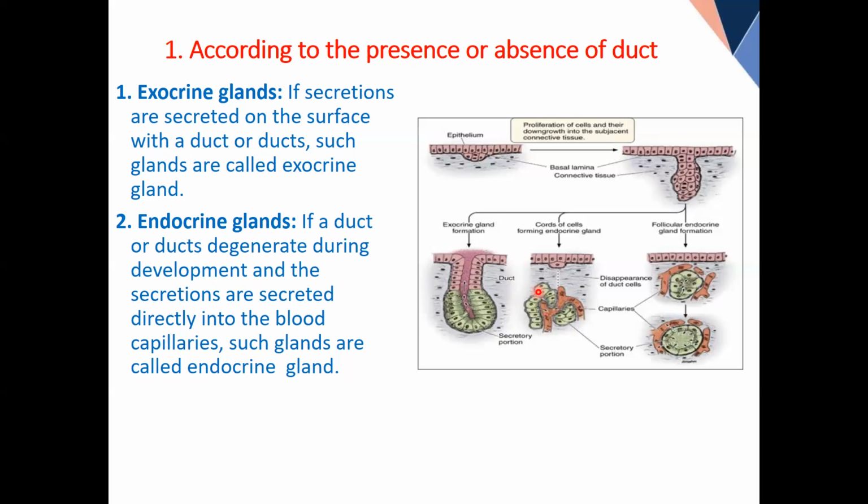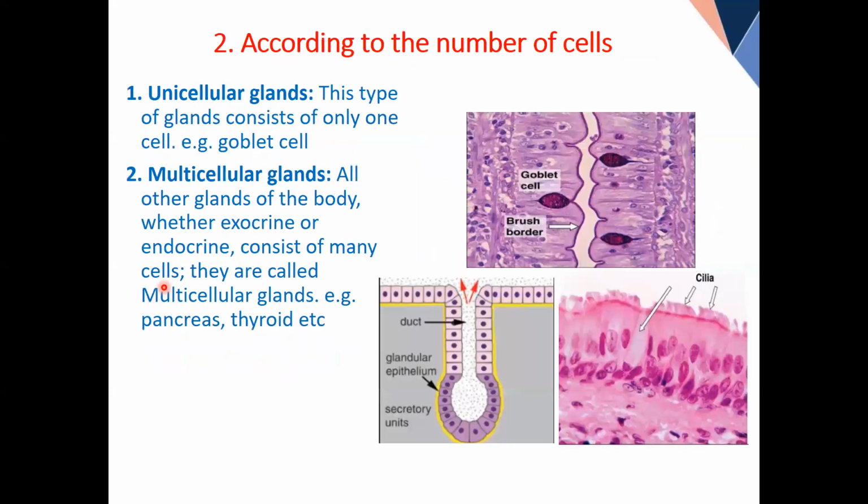Now, classification: exocrine glands with duct, endocrine glands without duct. So it's so easy. Glands can be one cell or multicellular. The only example in the body of a unicellular gland is the goblet cell, which is a modified columnar cell, a separate topic.